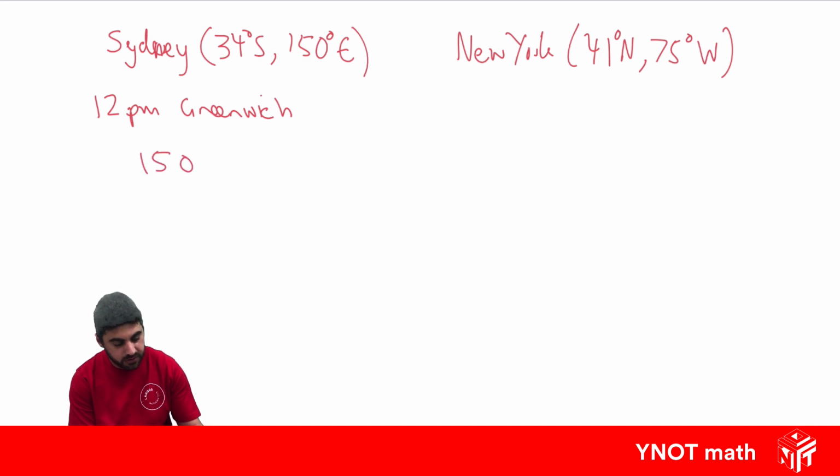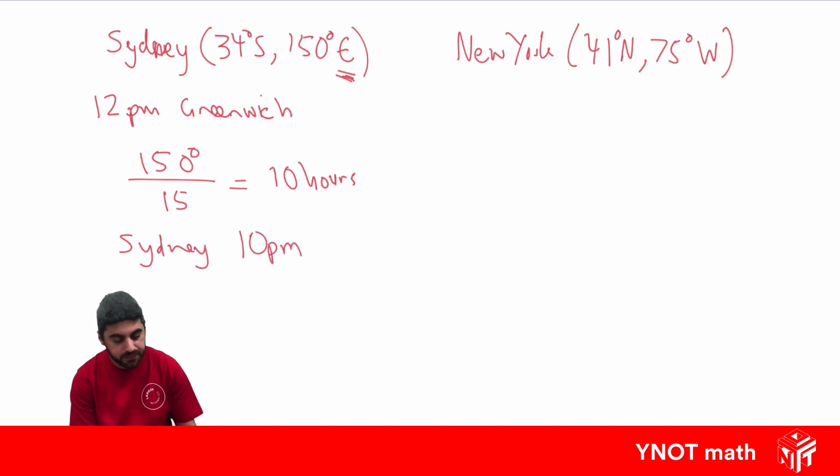So we can take our degrees, divide it by 15, and it tells us how many hours time difference it is. And that's going to give us 10 hours. And since we're east, we're ahead. So we have to take our 12 p.m. and plus 10 hours. So that means it has to be 10 p.m. in Sydney.